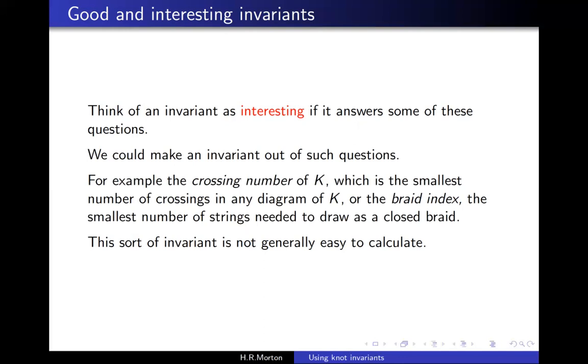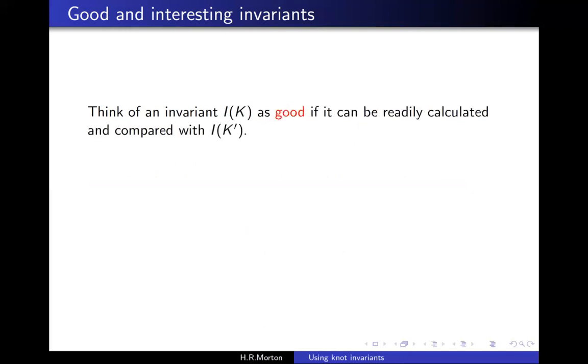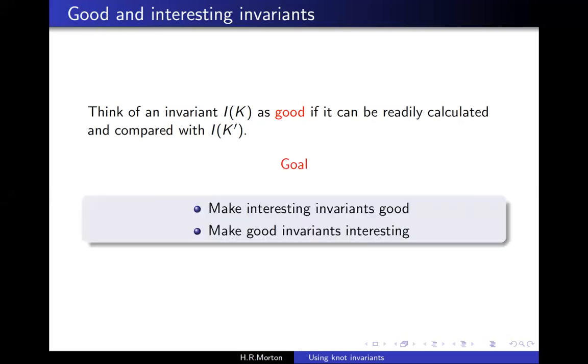On the other hand, I'm inclined to think of a knot invariant as good if it's one that can be readily calculated and compared with invariants of other knots. The sort of thing I'm thinking about is being able to calculate it from a diagram.